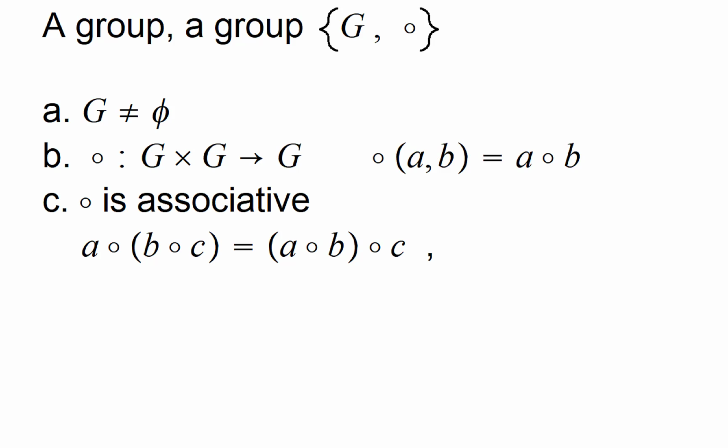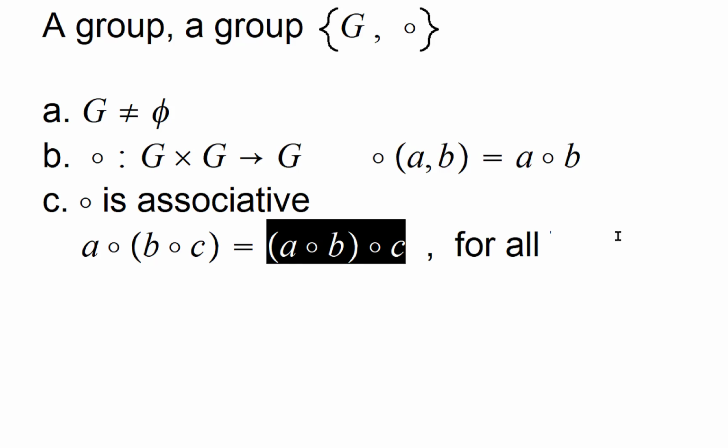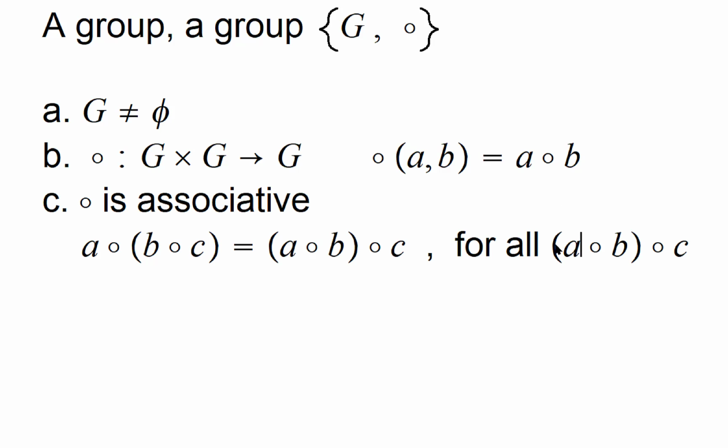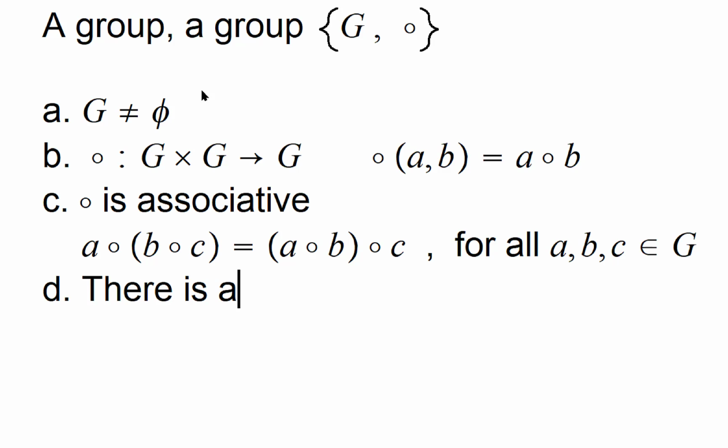Then we require it for all A, B, C in group G. Now it doesn't have to have three elements; we put three in there, but what we mean is that whenever we take elements A, B, C in group G, we must have that.